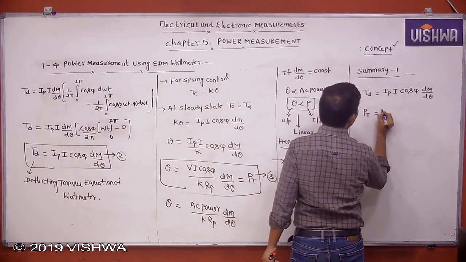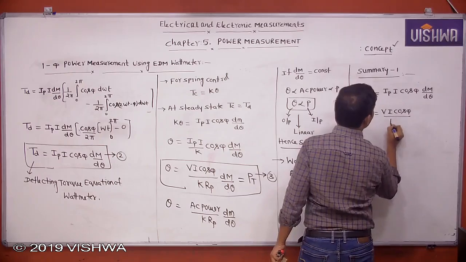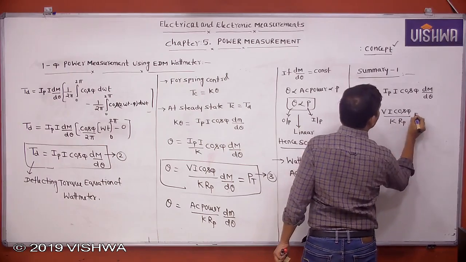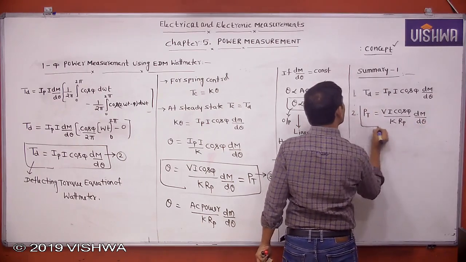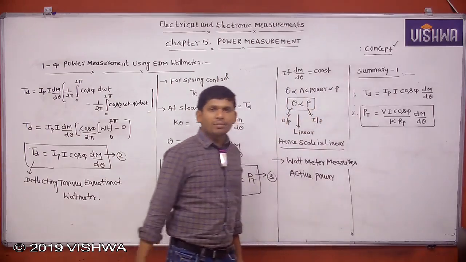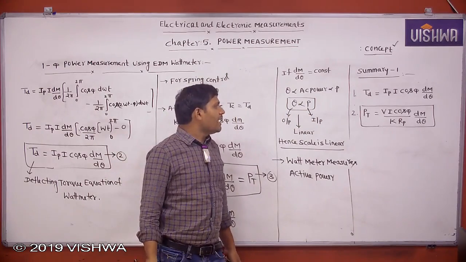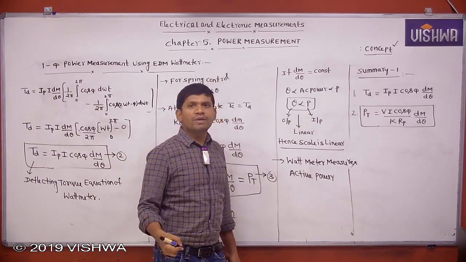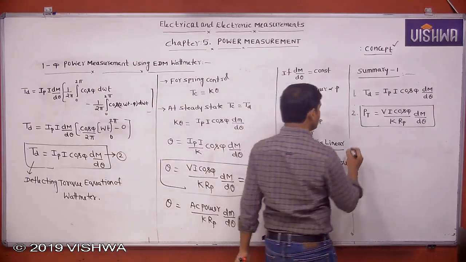True power equal to VI cos phi by KRP into dM by d theta. Very important. If dM by d theta and KRP are constant, then true power equal to VI cos phi, where phi is the power factor angle. Okay, next.